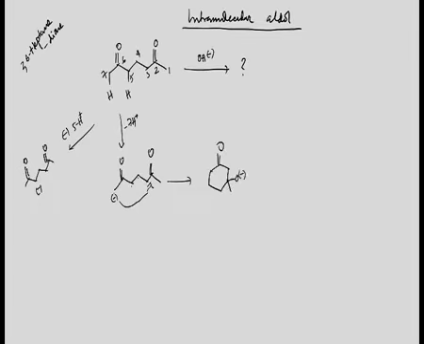O minus. This is, suppose, 1, 2, 3, 4, 5, 6, 7. So you see, this is 7, this 6, 5, 4, 3, 2, 1. So this 2 now becomes a quaternary center, and this is the aldol product after water treatment.